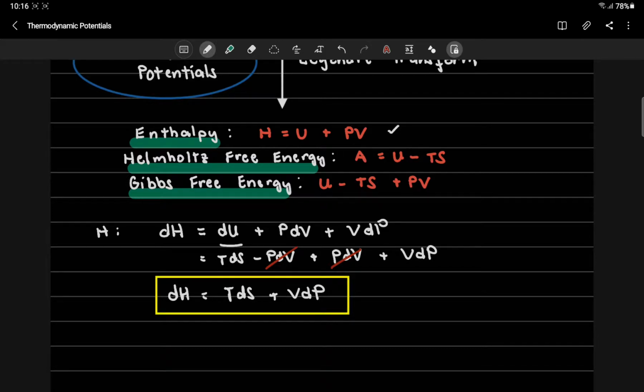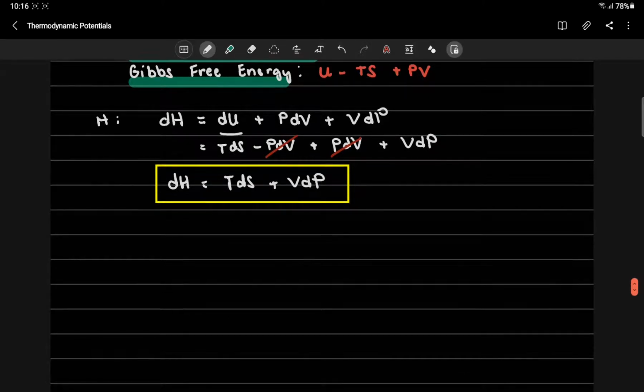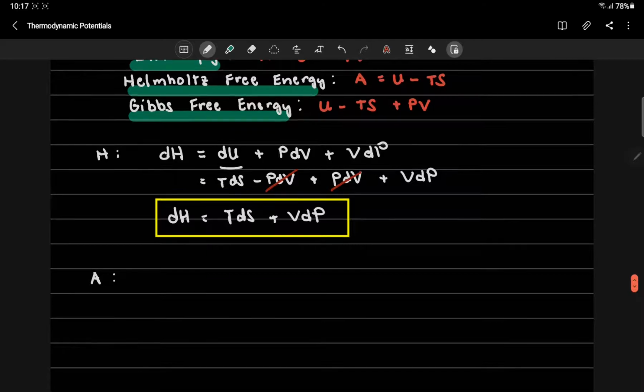Now, let's do the same for Helmholtz free energy. The definition for Helmholtz free energy is A equals U minus TS based on our Legendre transformation from the fundamental theorem of thermodynamics equation.